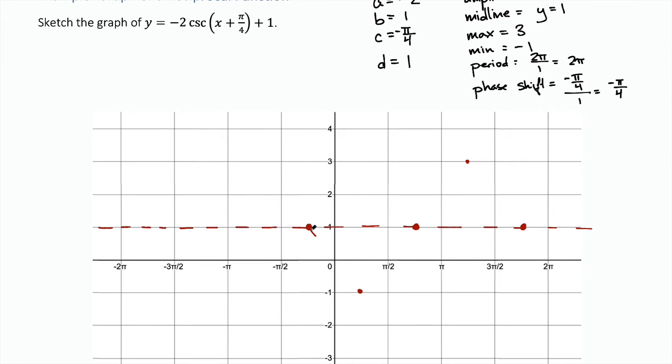And then we go ahead and sketch. Oh geez, that was kind of sloppy, wasn't it? My hand is not steady today. That is not beautiful, but that's the idea. Let's see if I can do it a little bit better on this side. Okay, so we've got our different points.